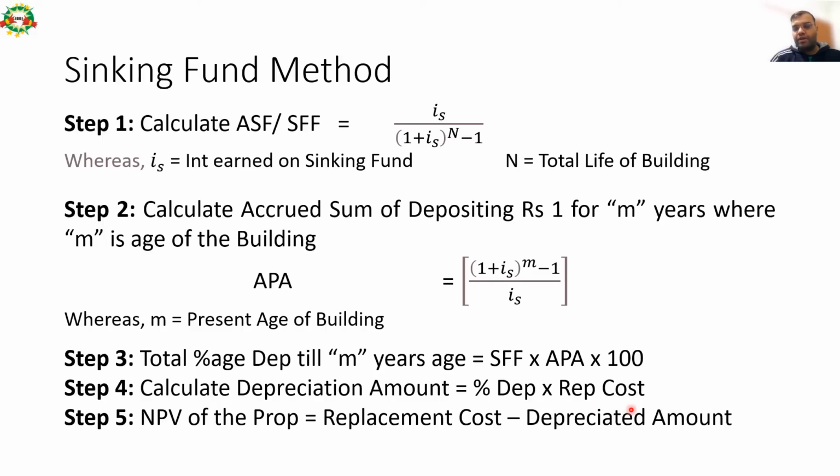We will try to understand this method with the help of an example, and we will also see if scrap value is given or not given in the case, how to calculate the depreciated value of the building. Then the fourth step is calculation of depreciation amount. This we discussed in the last session, and then present value or market value of the property, or DRC, depreciated replacement cost of the building, using replacement cost minus depreciated amount.